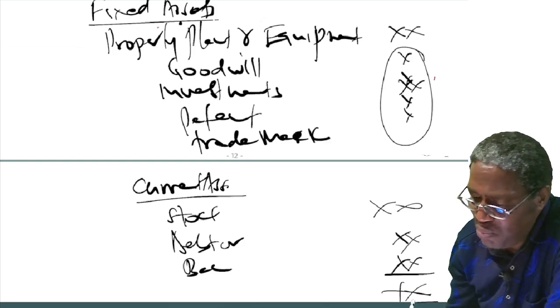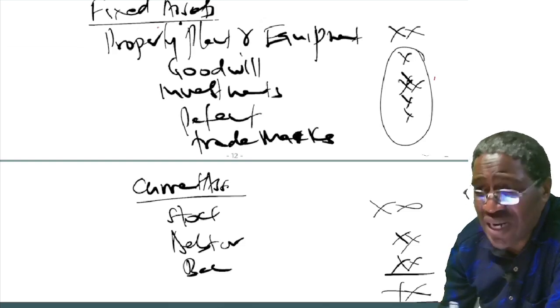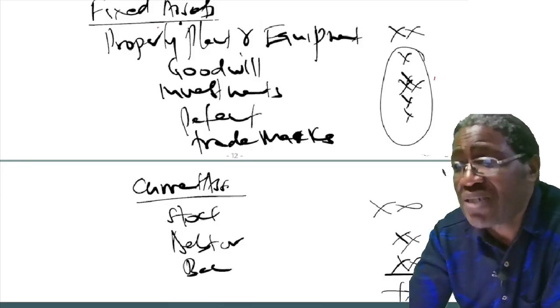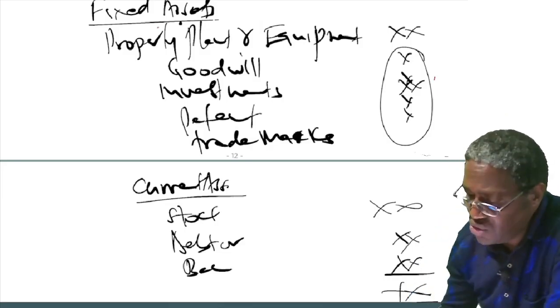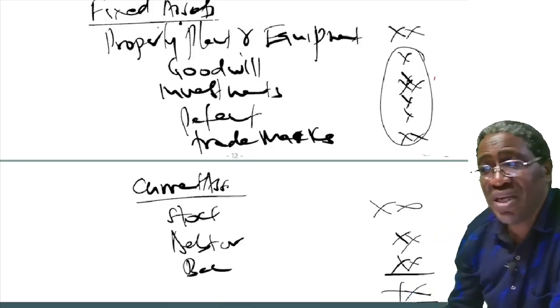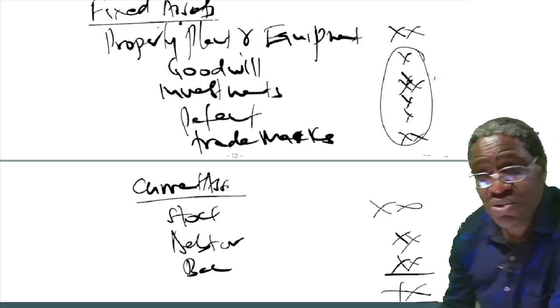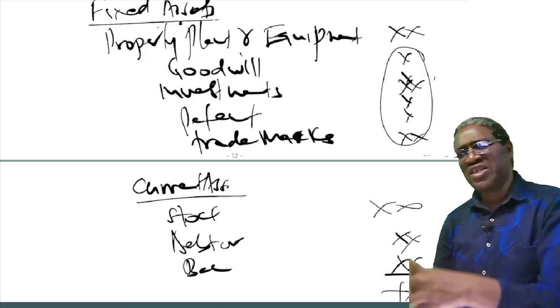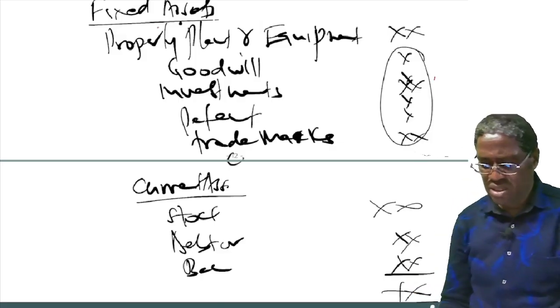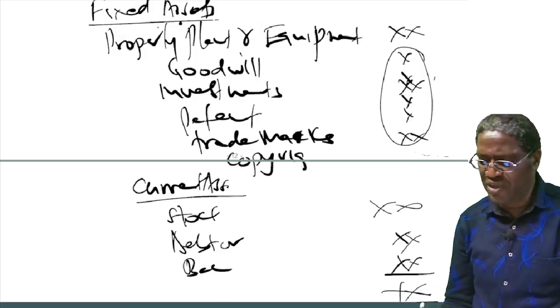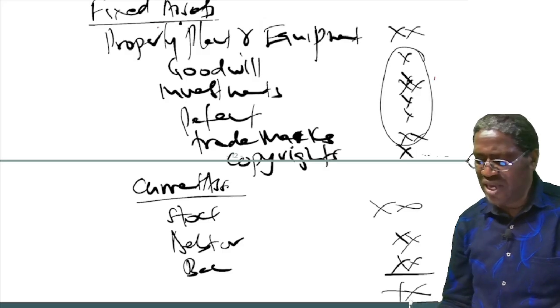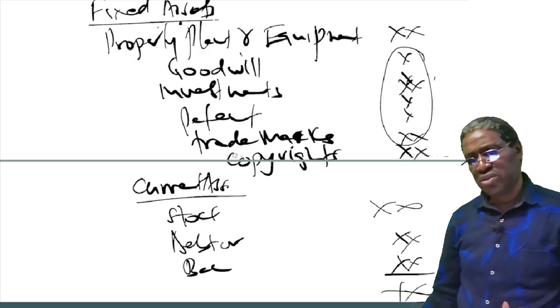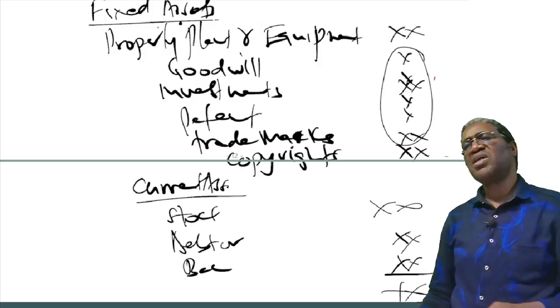So these are examples of assets that cannot be classified as part of property, plant, and equipment, and those are the ones you show individually in the balance sheet. We are giving examples like goodwill, investment, patents, trademarks, copyrights. All these are fixed assets, but they are intangible in nature, so you are required to show them individually.